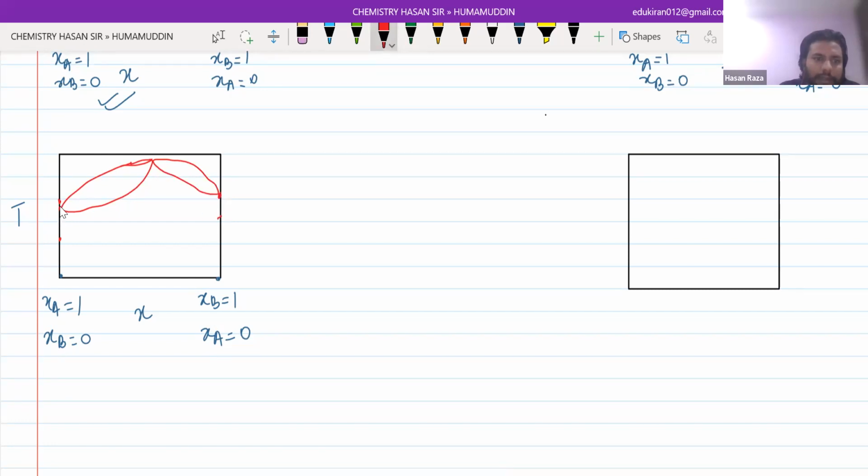So you can see this is the boiling point of A and this is the boiling point of B. This is the boiling point of the solution.